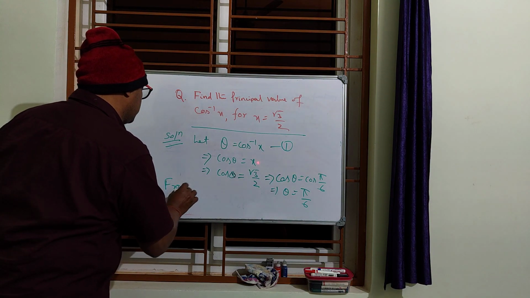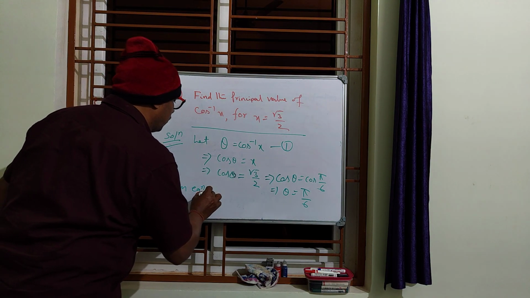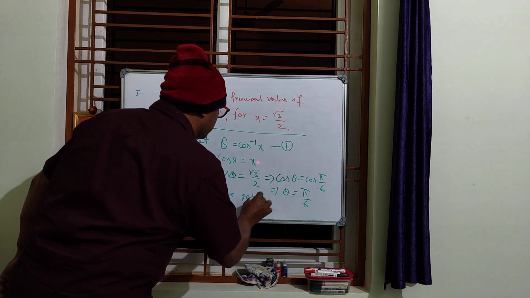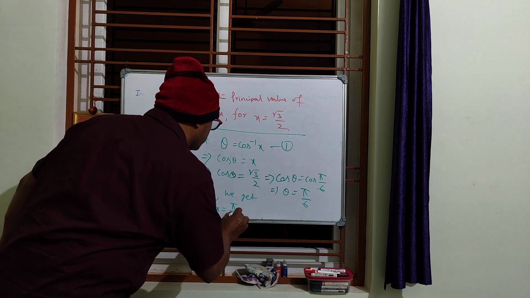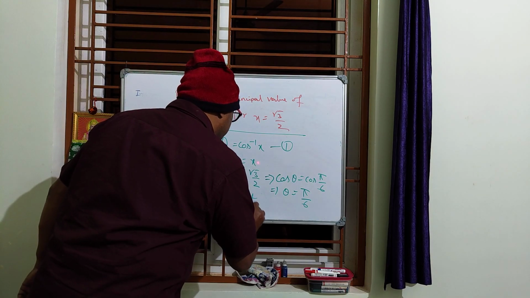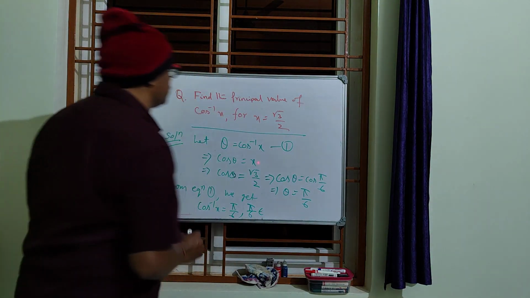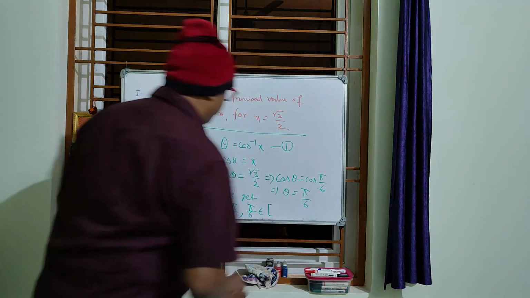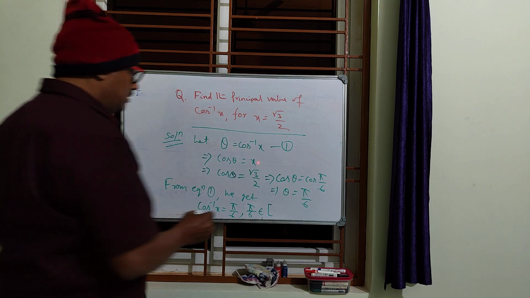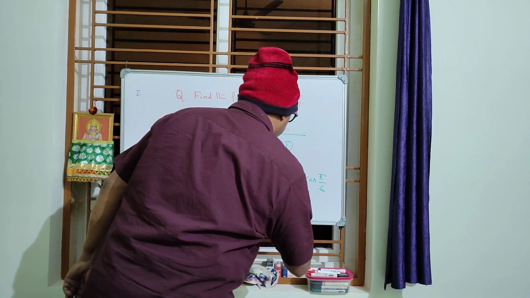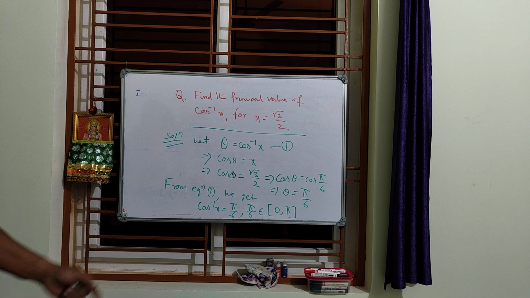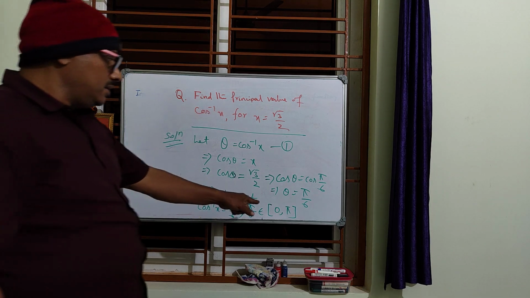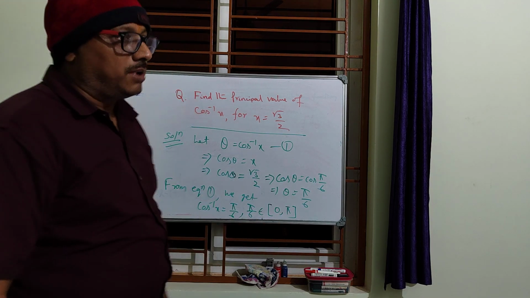From equation 1, we get cos inverse x equals pi by 6, where pi by 6 belongs to the closed interval 0 to pi, because we have already mentioned that the principal value branch of cos inverse x lies in the closed interval 0 to pi.